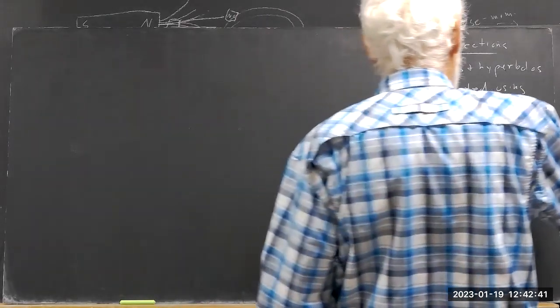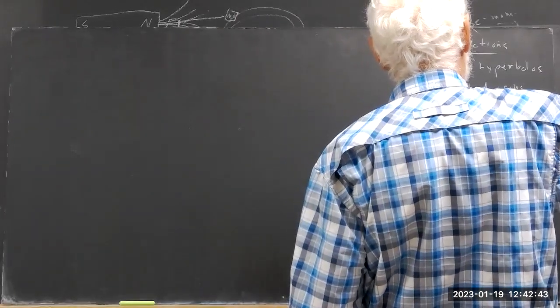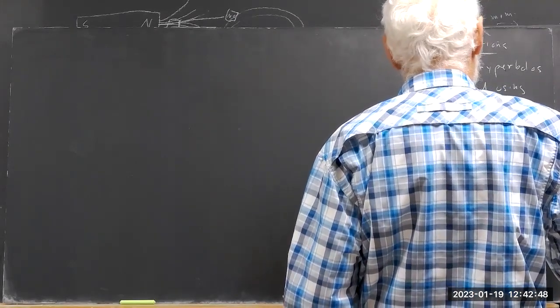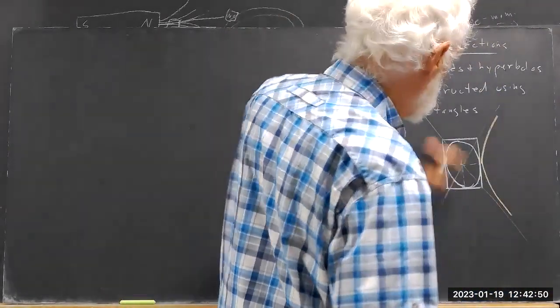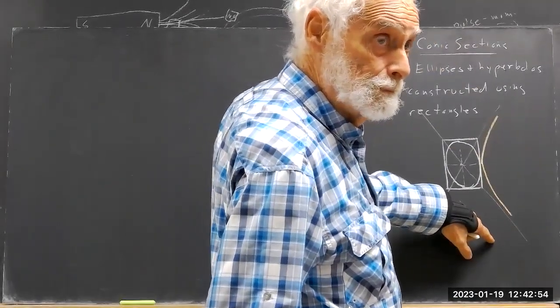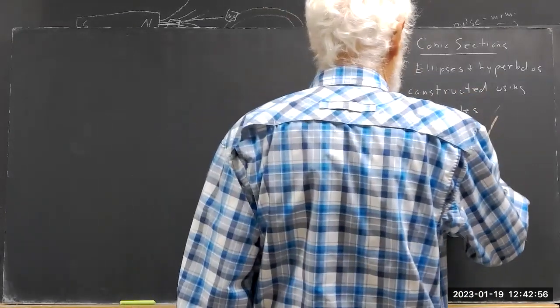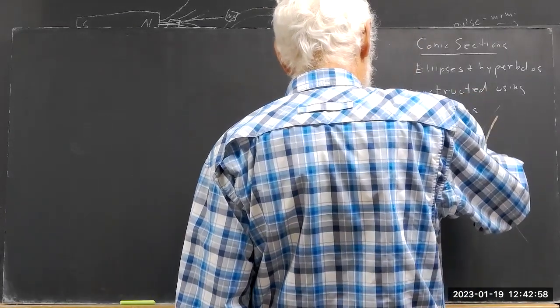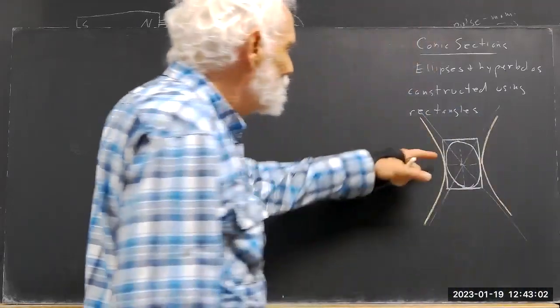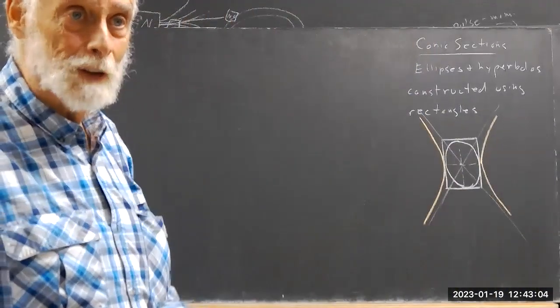One of the hyperbolas is going to be tangent at this point, and it's going to be asymptotic to these lines. And of course, we have the same thing over here. Let's see if I can get this one right. Yeah, I kind of missed it. It was a little low, but you get the idea.